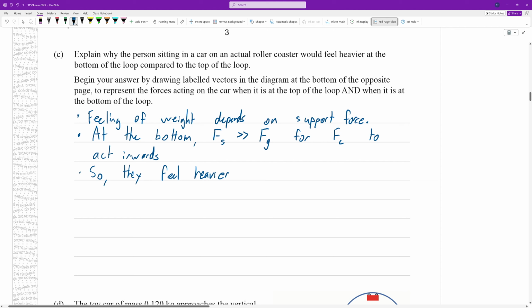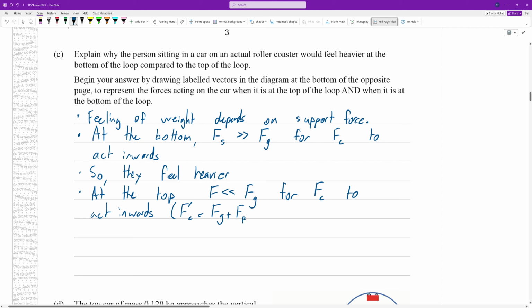All right, let's do the same logic but for the top. So at the top, this time the support force is less than the weight force for Fc to act inwards again. And if you want that as an equation, Fc would be Fg plus Fr, whereas at the bottom, Fc is F reaction, take away the weight force.